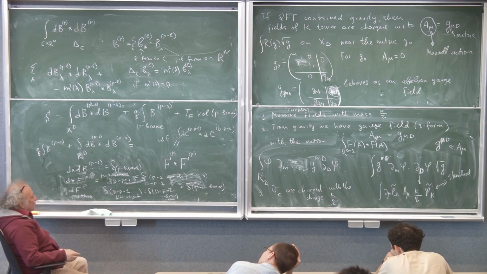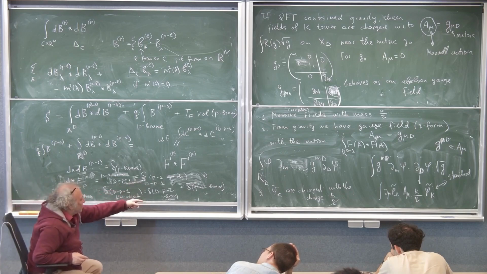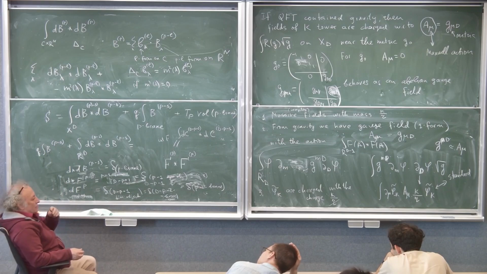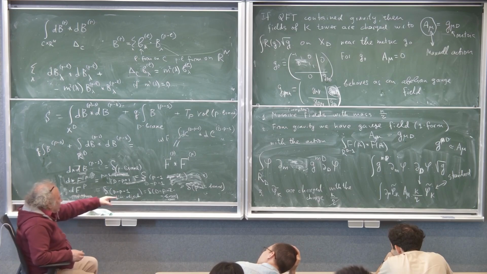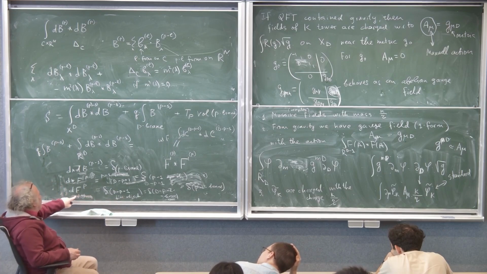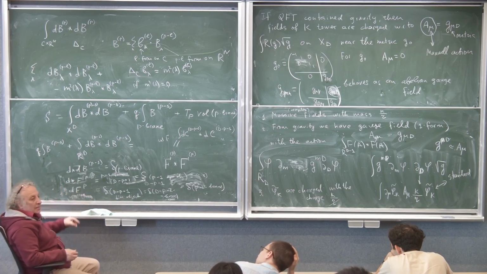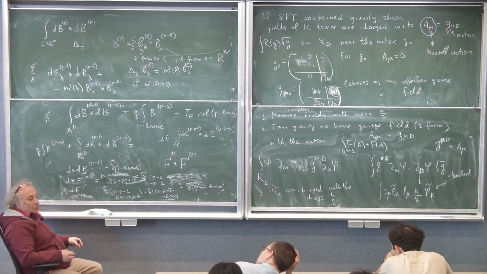For p equals 2, I have a 0-brane here and a 0-brane here. And this is the definition of what people call magnetic brane.